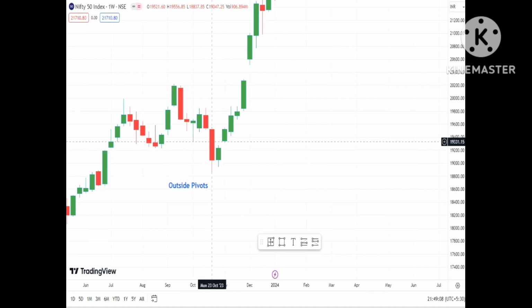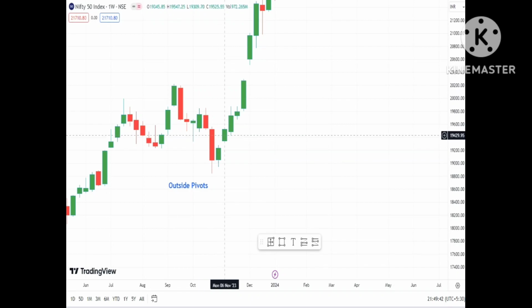The first candle, the second main middle candle, the third candle is inside the main middle candle, and the fourth candle's high has also not crossed above the high of the main middle candle.